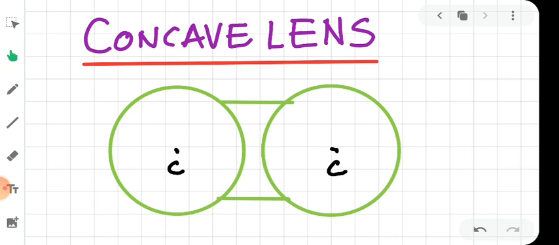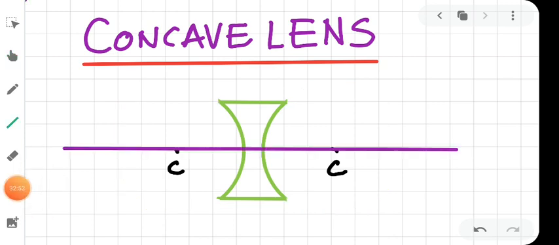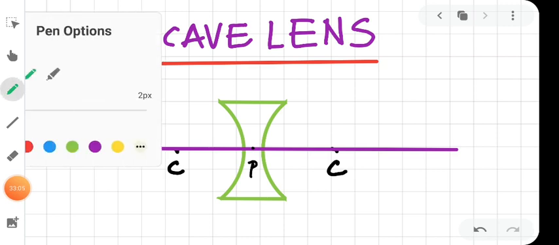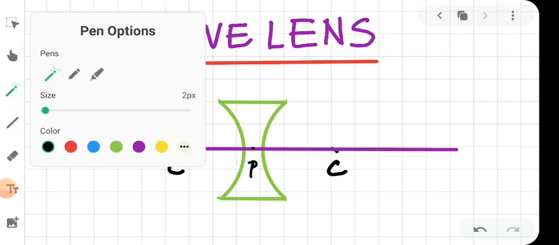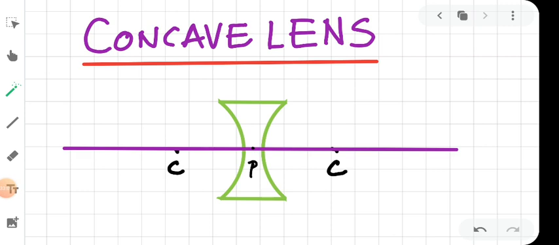Just reminding you, I'm going back to the original lens. That's our principal axis, the purple line. P is the pole of the lens. Now consider a light ray. We have a light ray.